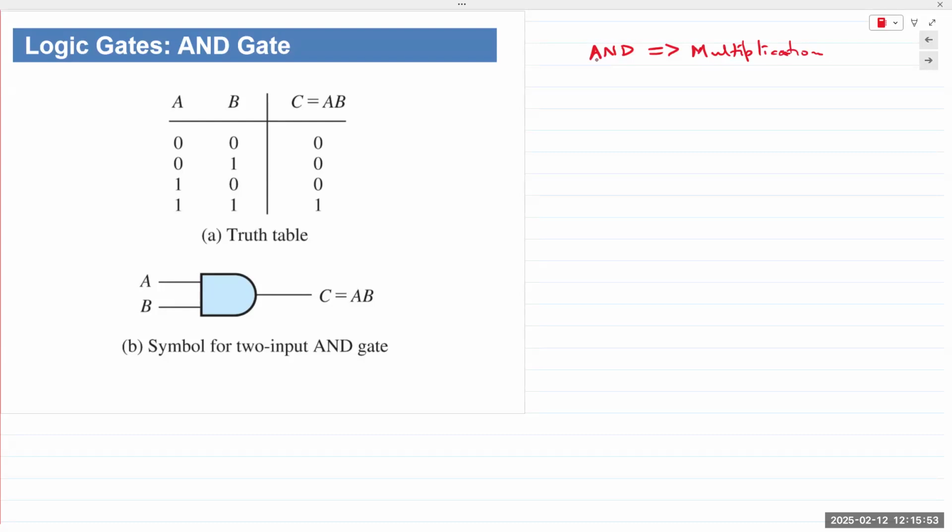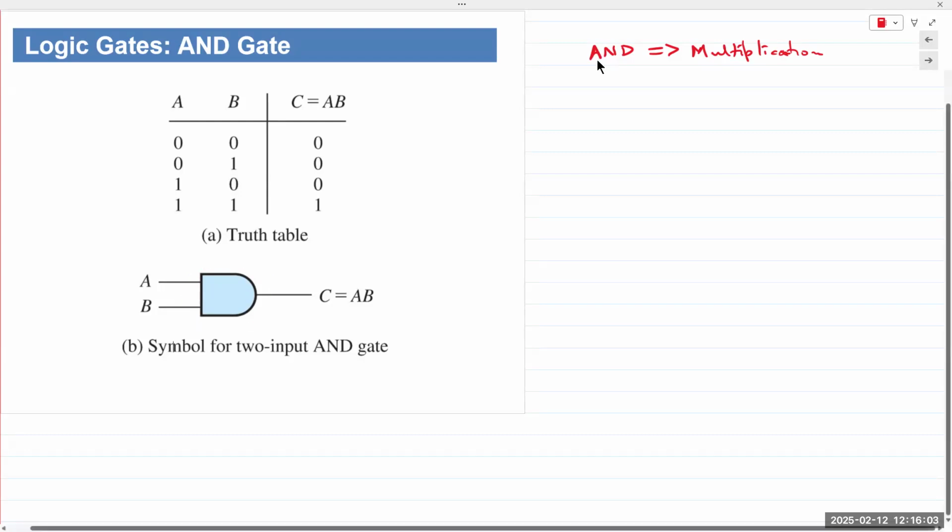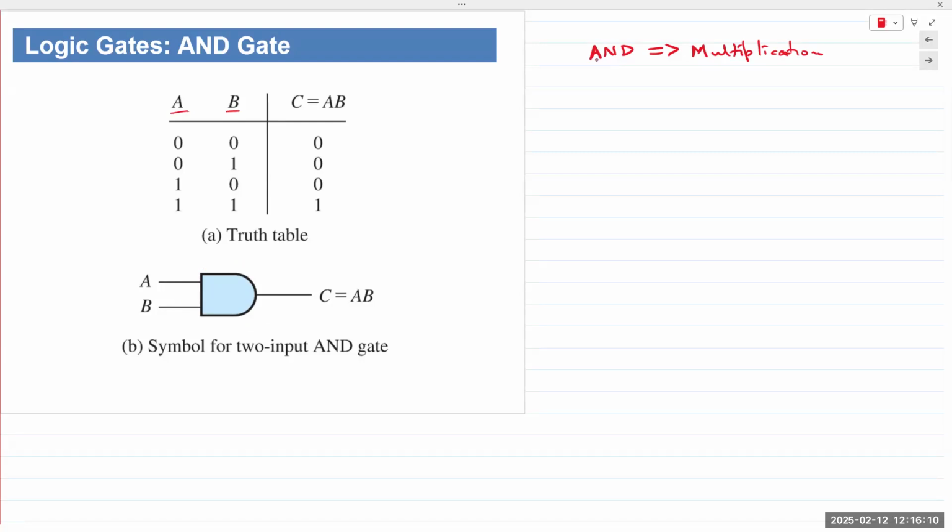The AND gate symbol is represented here, with 2 inputs and 1 output, A and B. Because we have 2 inputs, we have four possible input combinations: 0 0, 0 1, 1 0, and 1 1.